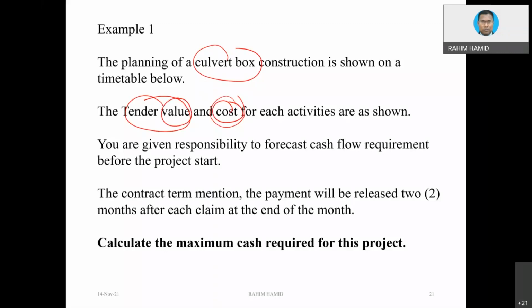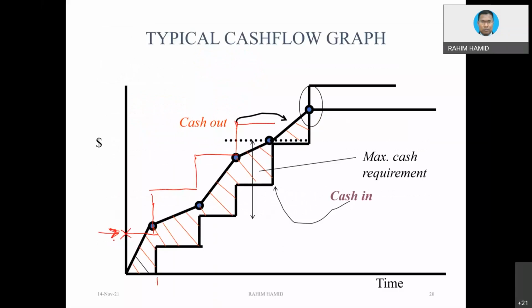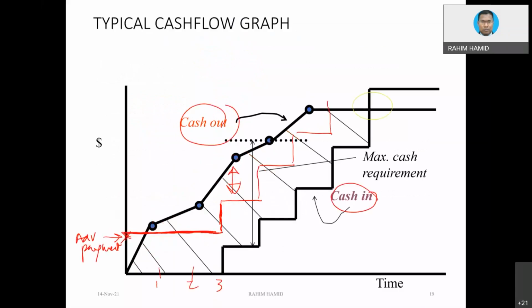Otherwise, we are not going to be able to get cash in and cash out, because cash out is normally associated with cost, whereas cash in we are going to associate with value, but not the exact value as in the contract, because remember, the payment that we are going to receive is not going to be the same as value, because there could be subtraction of the retention fund and many other things.